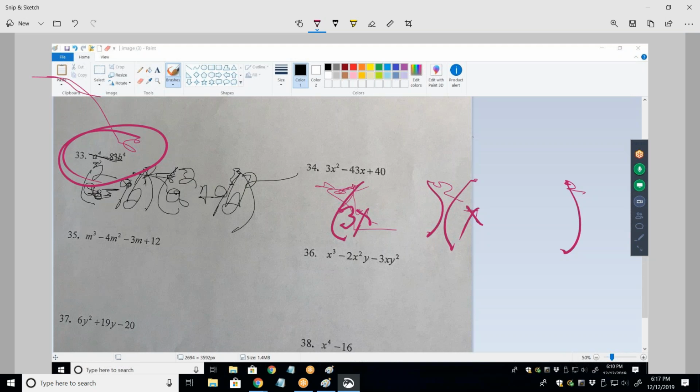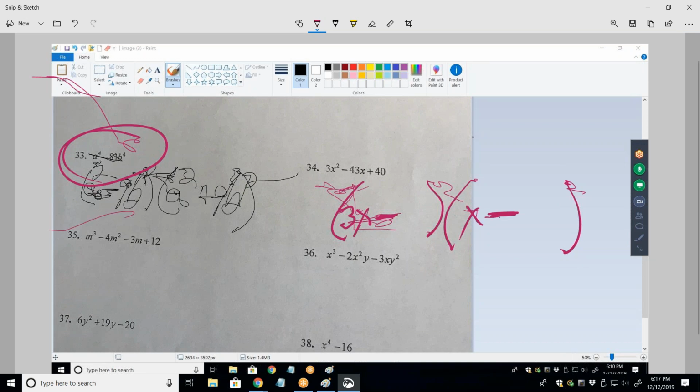That's the only thing you can see when you look at the plus sign in front of the 40: they're either plus plus or minus minus. And the way to figure it out is to look at the sign of the middle term. That'll always tell you which one it is. So it's negative, minus minus.